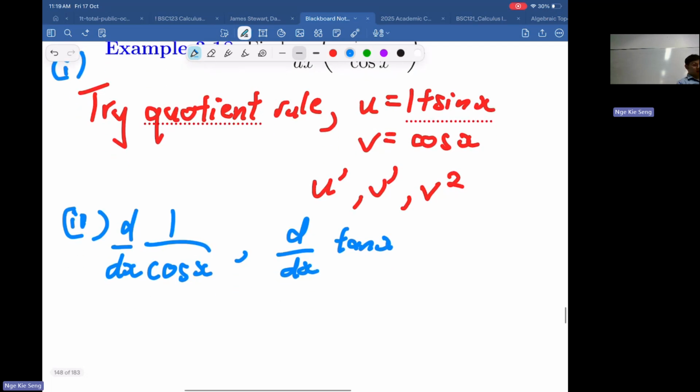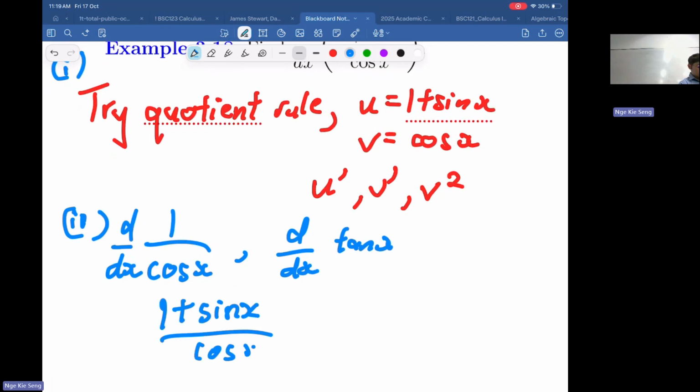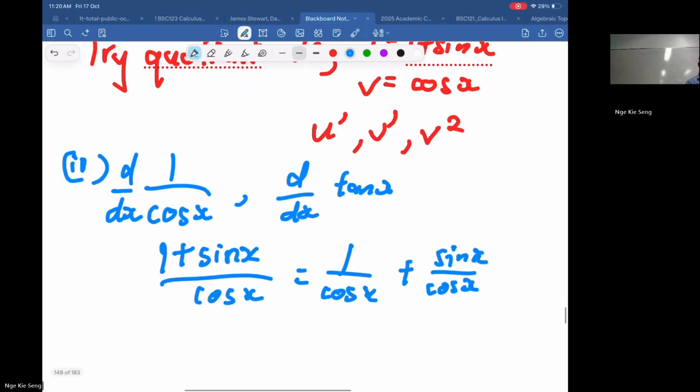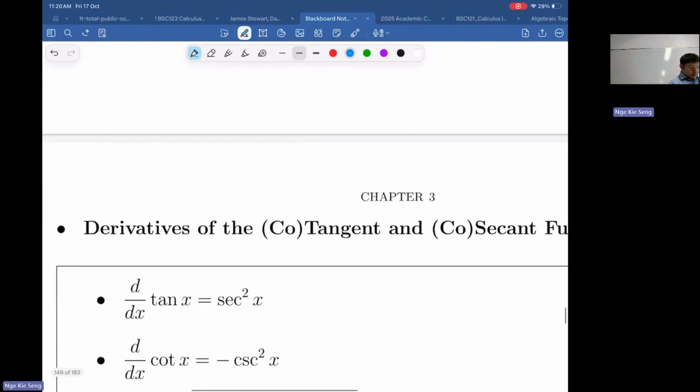Make sense? Because 1 plus sine x over cos x is just 1 over cos x plus sine x over cos x. And sine x over cos x is what? Tangent x.